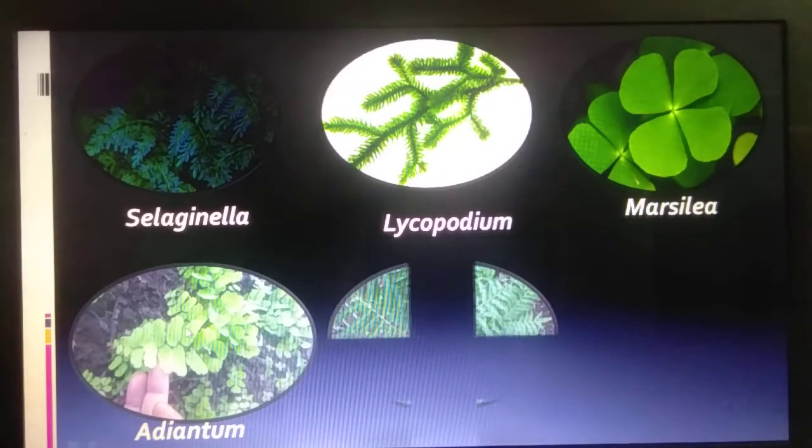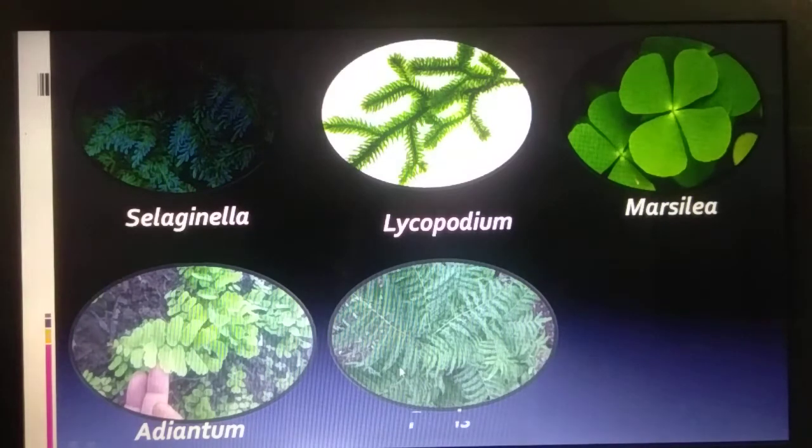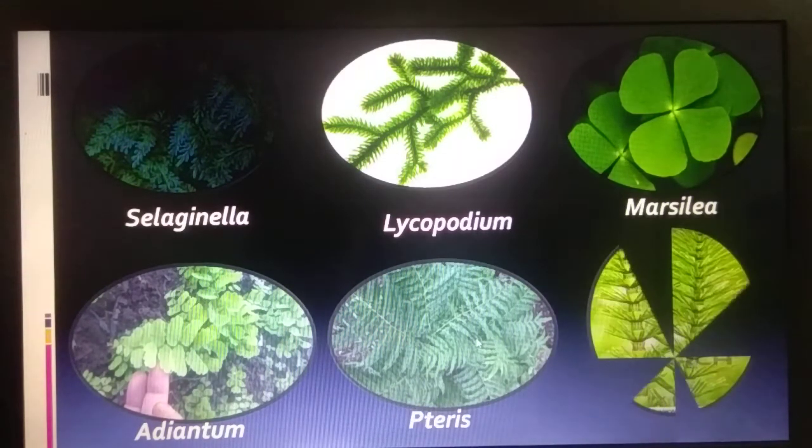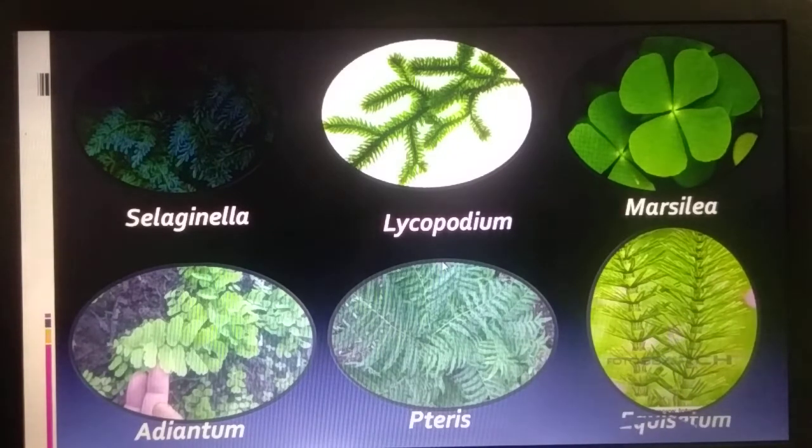Fine. Next is Pteris, a common fern. Then we have this beautiful fern. There are many ferns like Nephrolepis also, which people buy for growing in the garden, but I have not placed it here. There are so many ferns. Here this is another peculiar fern called Equisetum. It does not grow here. It is a very rare fern.